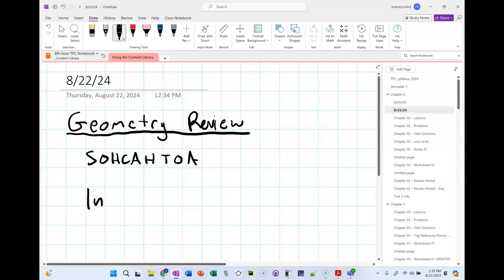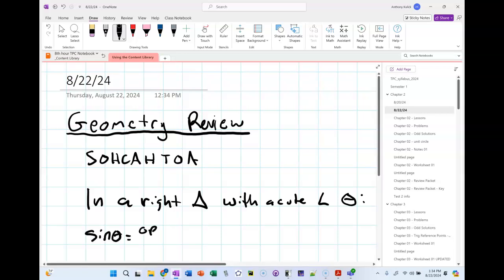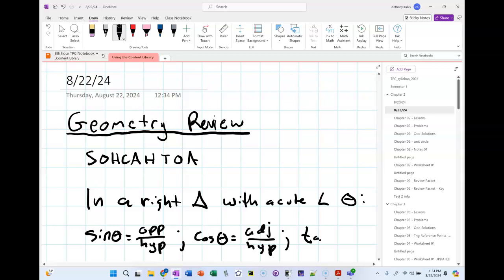So this states that in a right triangle with acute angle theta, sine theta equals opposite over hypotenuse, cosine theta equals adjacent over hypotenuse, and tan theta equals opposite over adjacent.